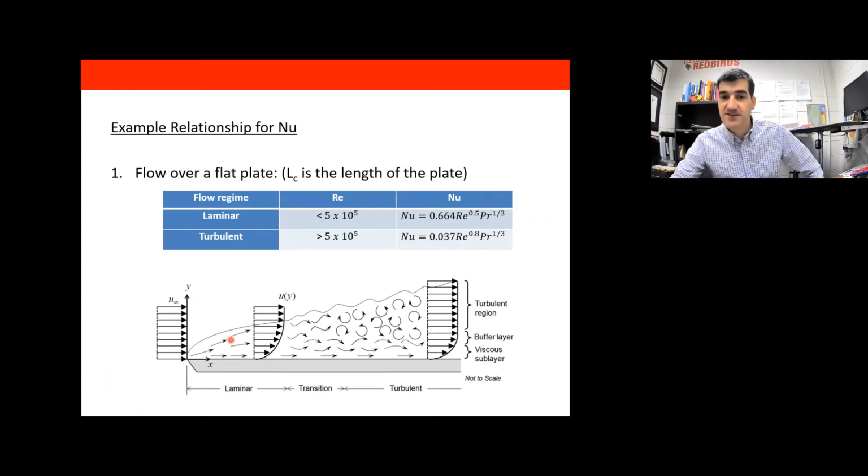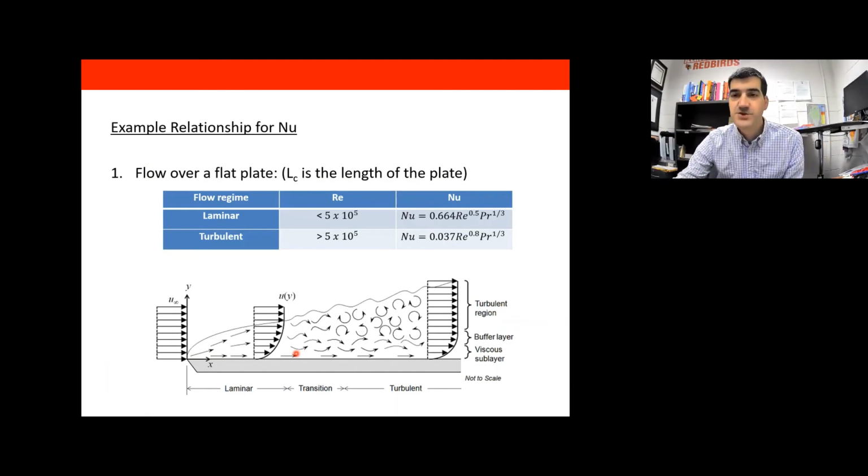If you plug this into the Reynolds number equation with a smaller characteristic length, you'll find that it's laminar. But if you have a longer plate or a longer solid surface, the characteristic length increases, thus the Reynolds number increases, and thus the flow becomes turbulent.